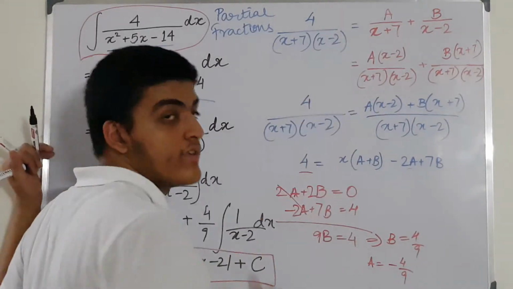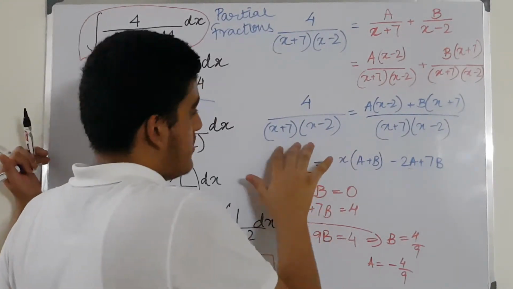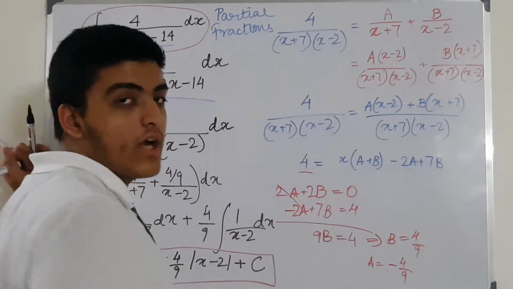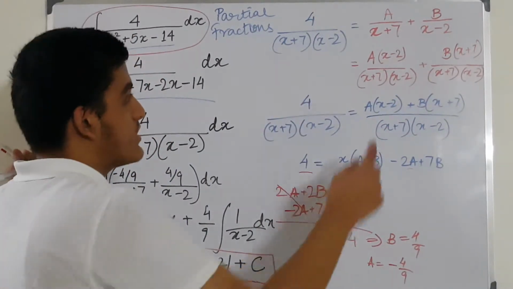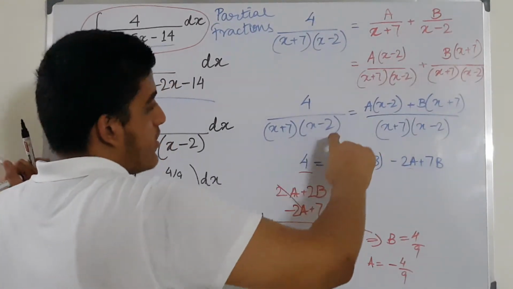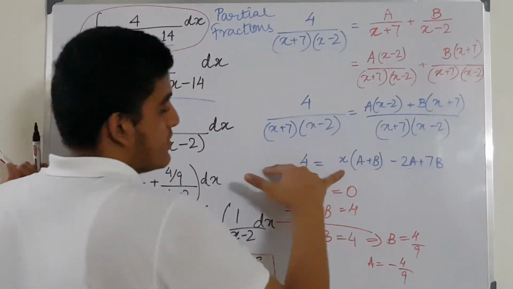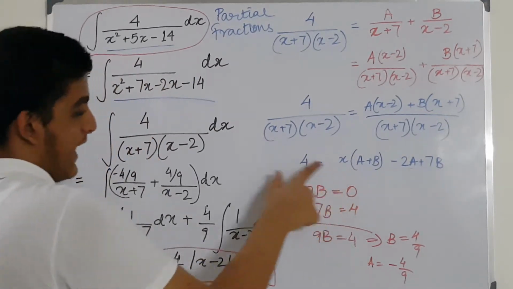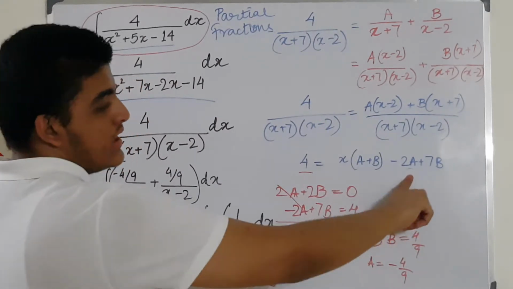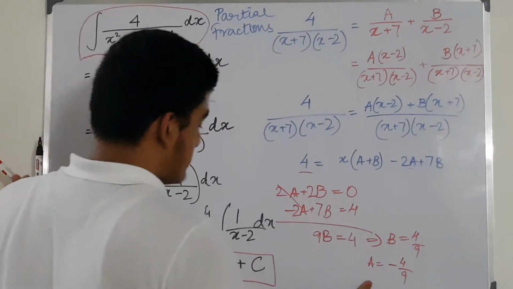The numerator is always 1 degree less than the denominator, and then I just took unknown constants on both the expressions. So I have A and B over here, and then after forming a whole equation, I compared the values. X has no coefficient on the left hand side, so A plus B was 0, and minus 2A plus 7B was 4. That's how I got this value.